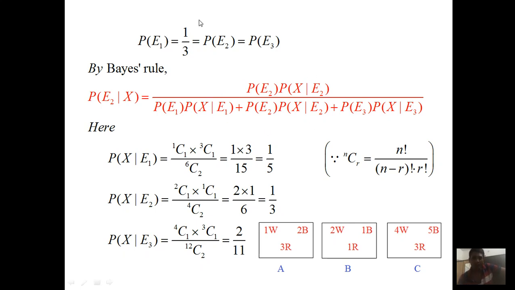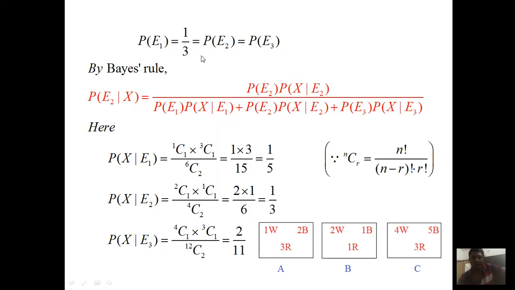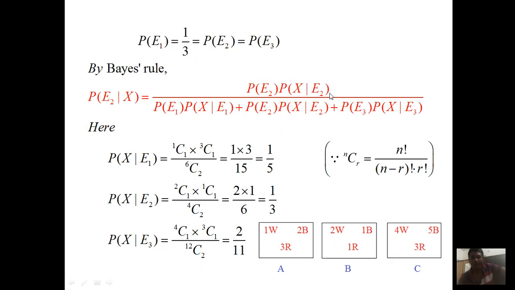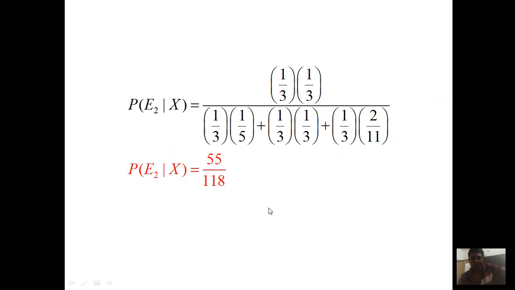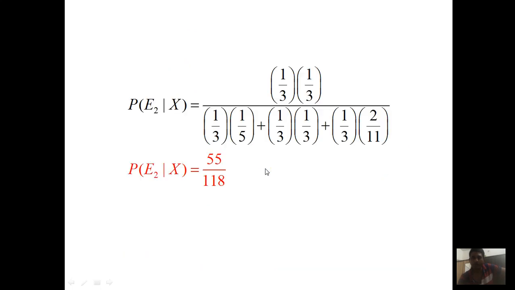So just plug in each and every value in this equation. Probability of E2 given X: probability of E2 is one third, probability of X given E2 is again one third. So numerator is one third into one third. Probability of E1 is one third, probability of X given E1 is 1 by 5. So one third into 1 by 5.